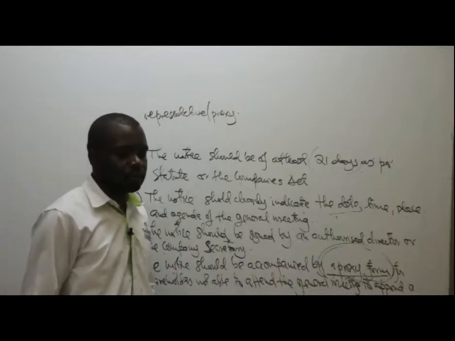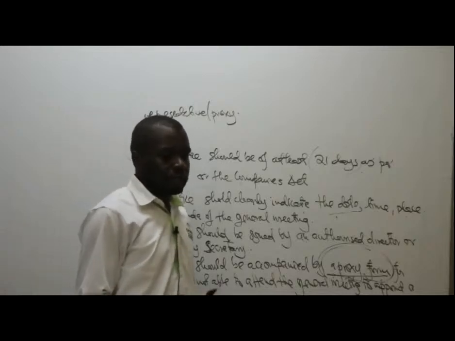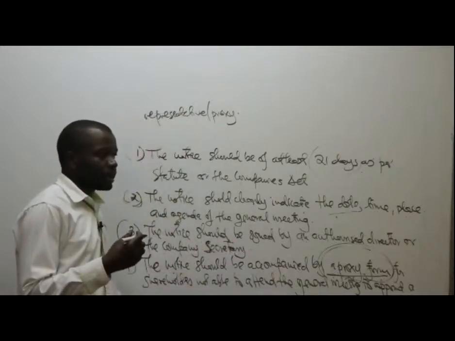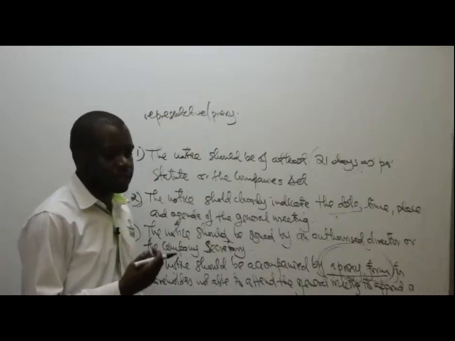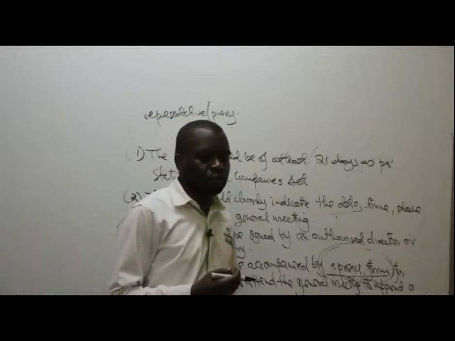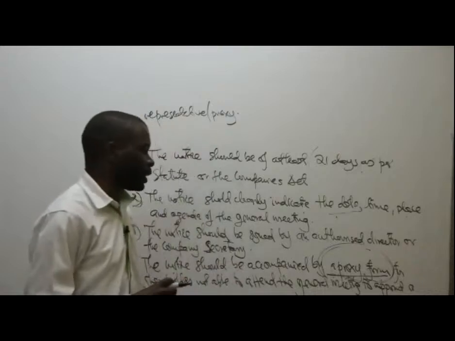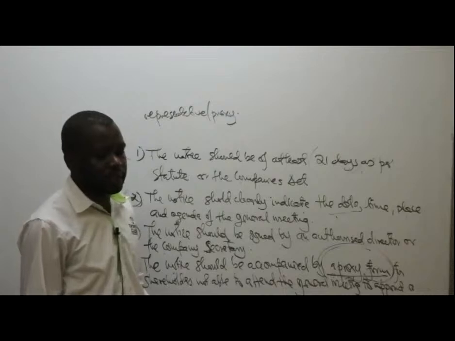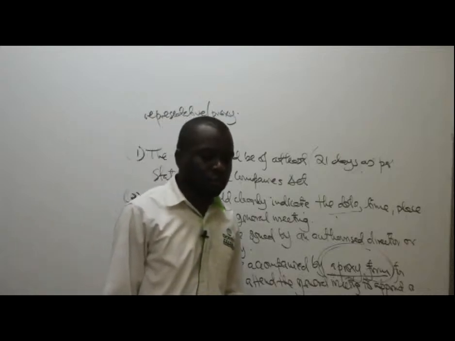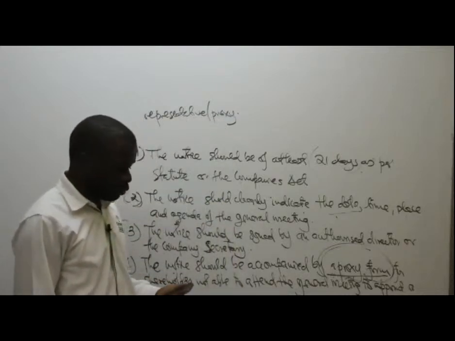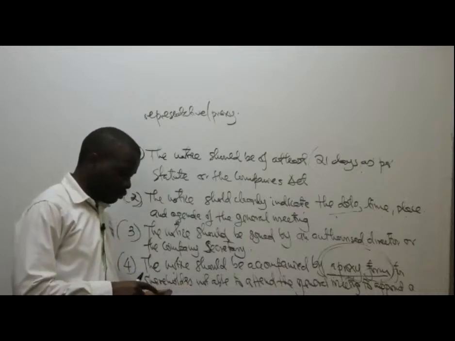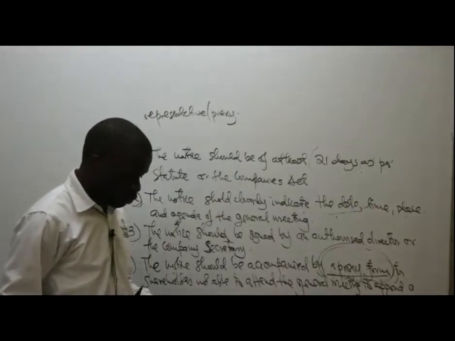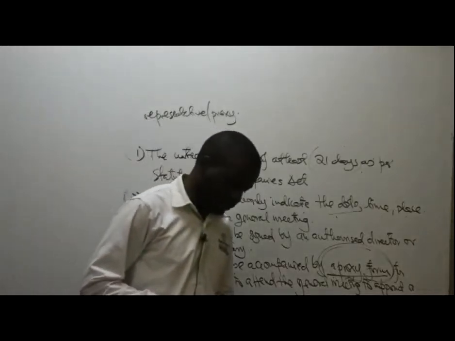Only under variation of class rights, the members in that class of shares who are the minority can object. That is where the minority have been given a right, at least 15%. So those who hold at least 15% can object by petitioning.